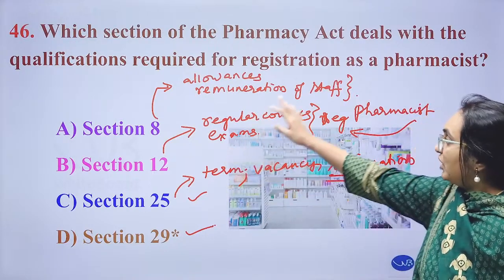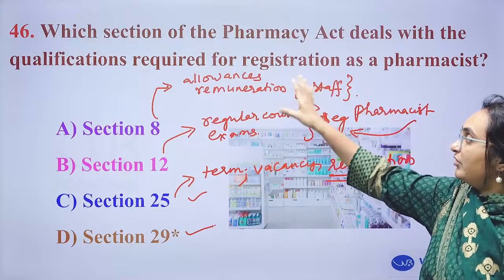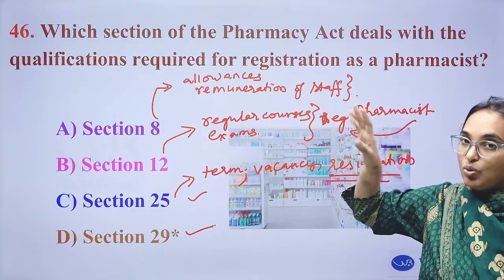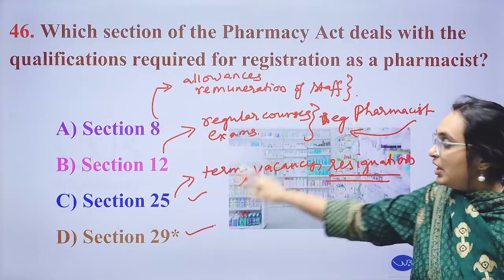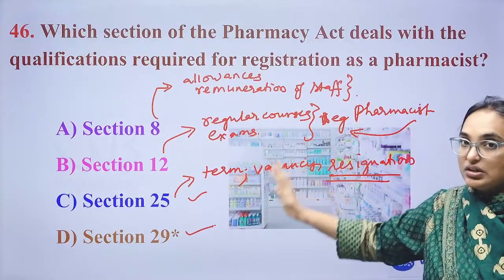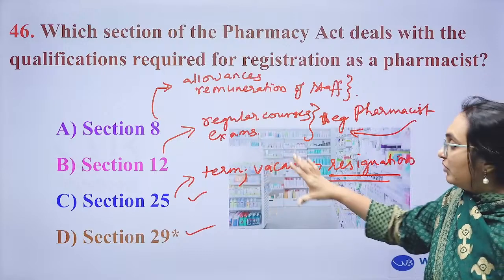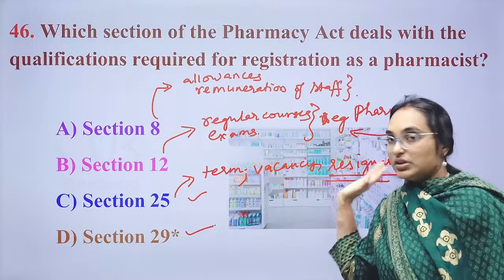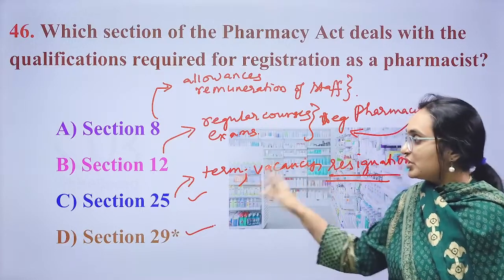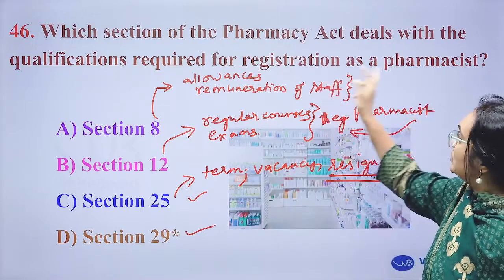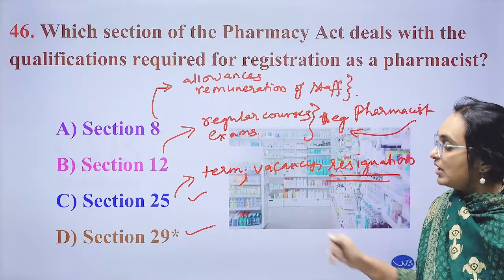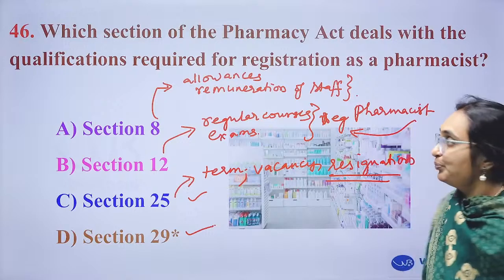So section 8 gives the Central Council staff allowances, remunerations, all things. 12 is about the exams and courses to be registered as a pharmacist. 25 is about the vacancies and the terms, job term, annual term, vacancy and resignations of the staff, in section 25. Section 29 deals with the qualifications that are required for registering as a pharmacist. So the answer here is section 29, D.